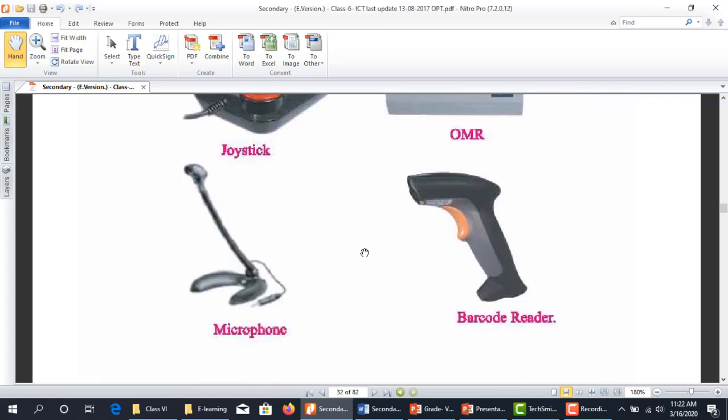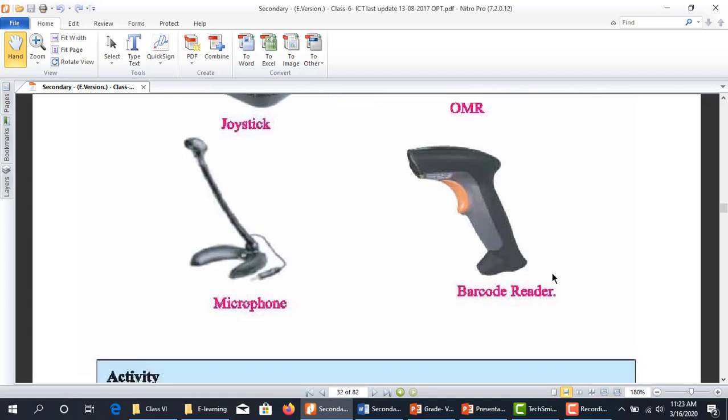So microphone, when you talk, you use a microphone. So a microphone is an input device. And barcode reader, this is very interesting. Barcode reader, you know about the EPOS system, electronic point of sale system. When you go to a hypermarket like Safari, Lulu Hyper, Carrefour, and you buy something, it comes to the front, and before paying, your barcode is checked.